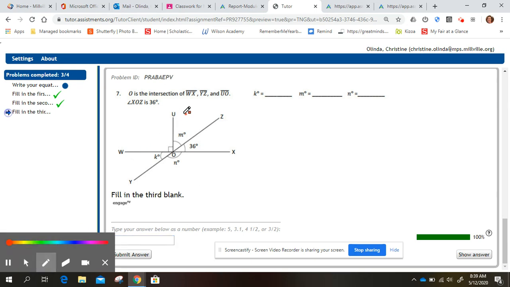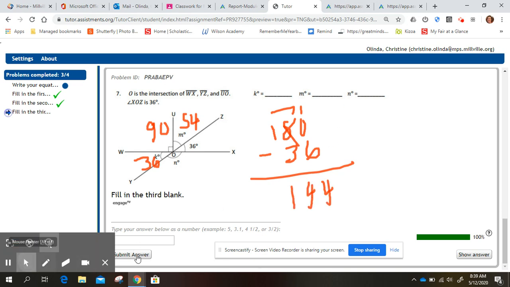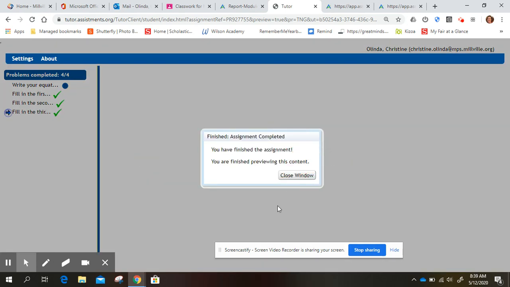This one was 54, and this one was 36, and we know that this is 90. And unfortunately, I can't look back, but 180 minus 36 again, just to refresh my memory, was 144. So my N was 144. And that should be all of your work.